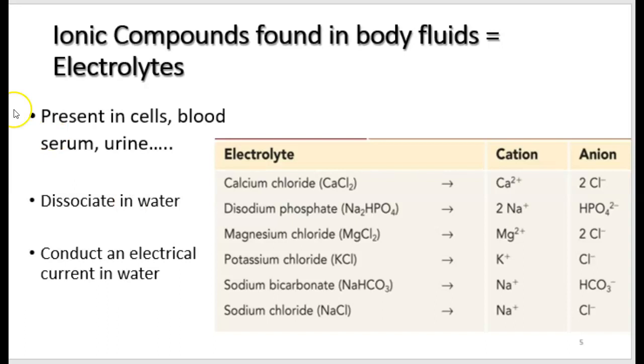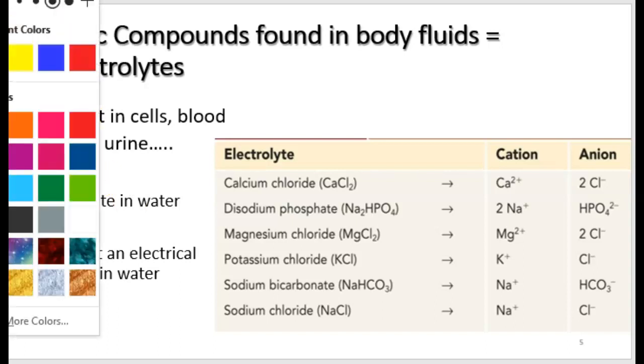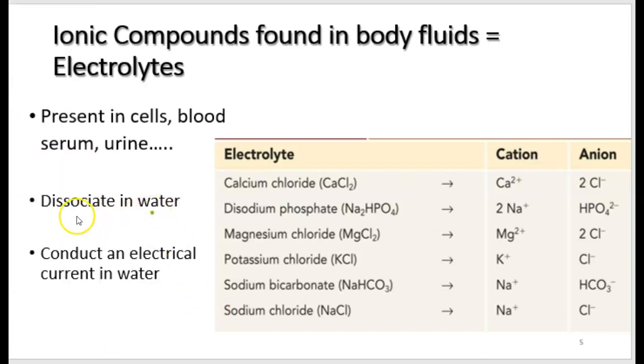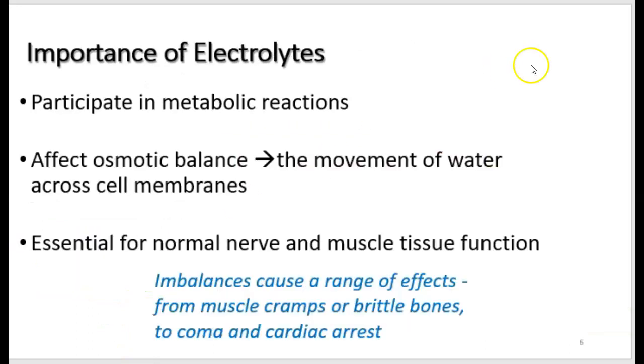But the definition of an electrolyte is that it can dissociate or dissolve, ionize in water, and that it can conduct an electrical current in water. So electrolytes are definitely important to the body.